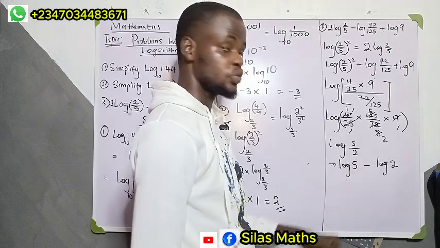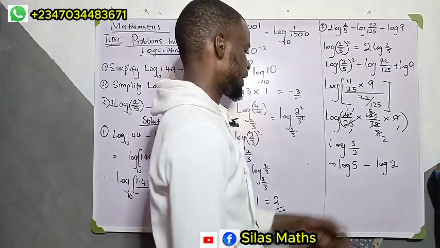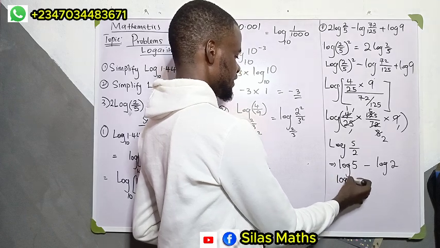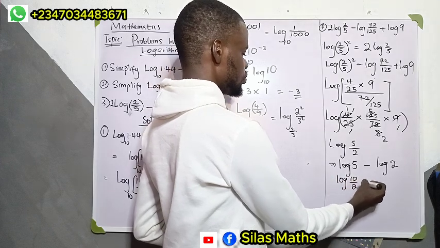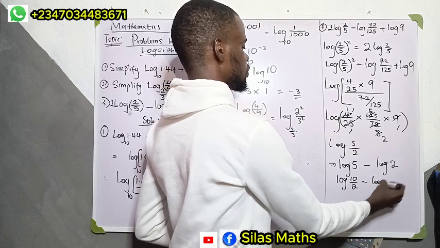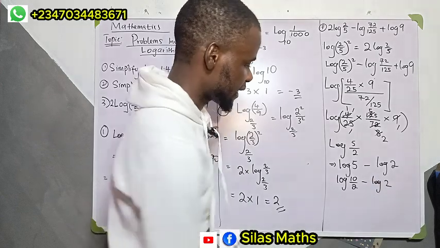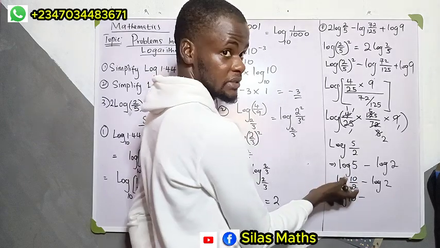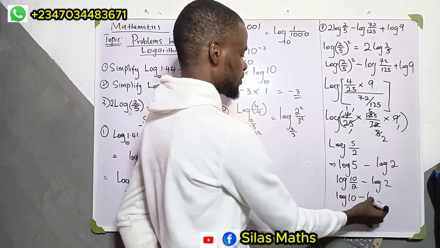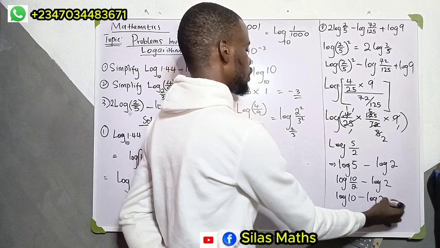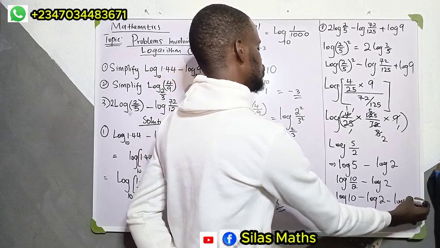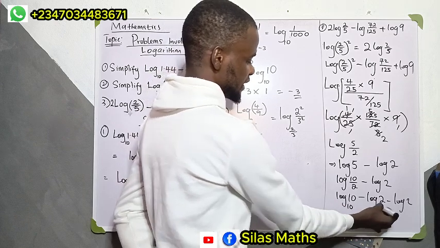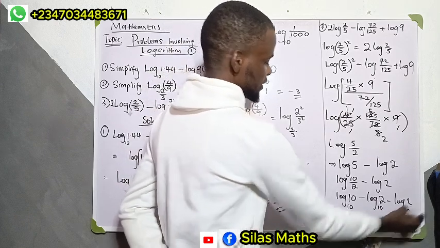Yes, 10 divided by 2 will give us 5. So I can say that this is logarithm of 10 divided by 2 minus logarithm of 2. All right, and that will give me logarithm of 10, because division is taking place here, minus logarithm of 2, minus logarithm of 2. So remember that the bases here are all base 10.